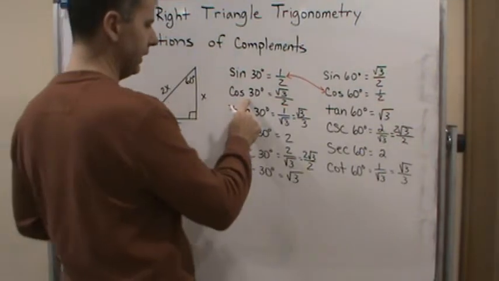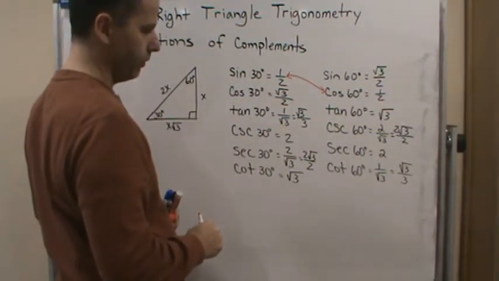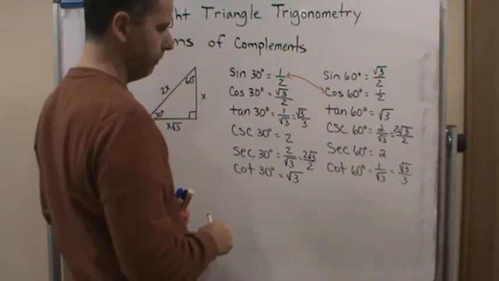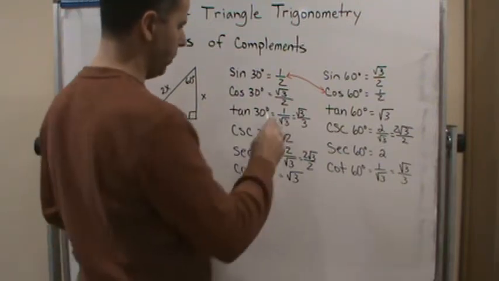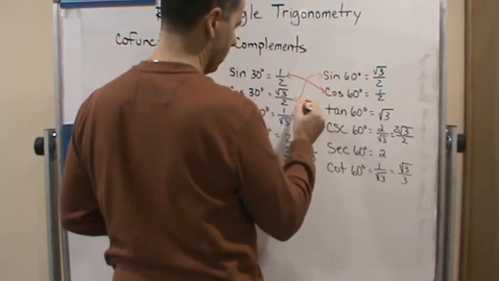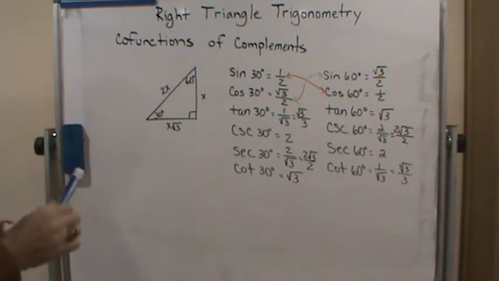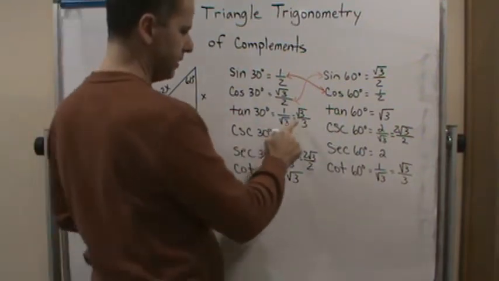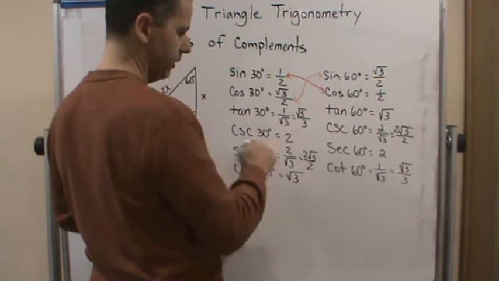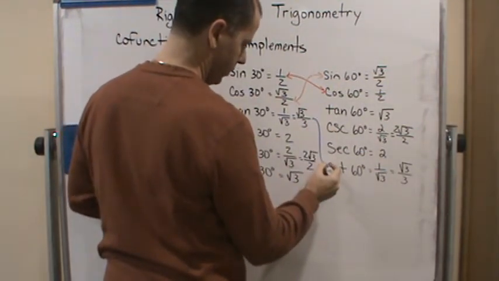Cosine 30 is square root of 3 over 2, but so is sine 60. Okay. Tangent 30 is root 3 over 3, but so is cotangent 60.